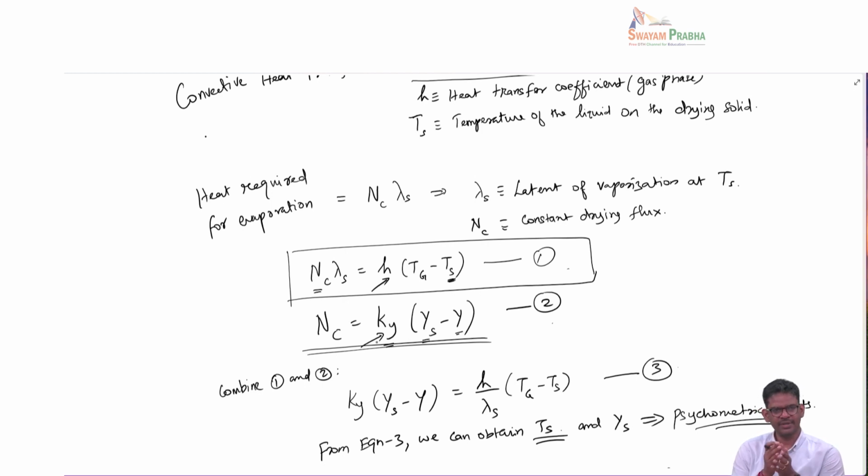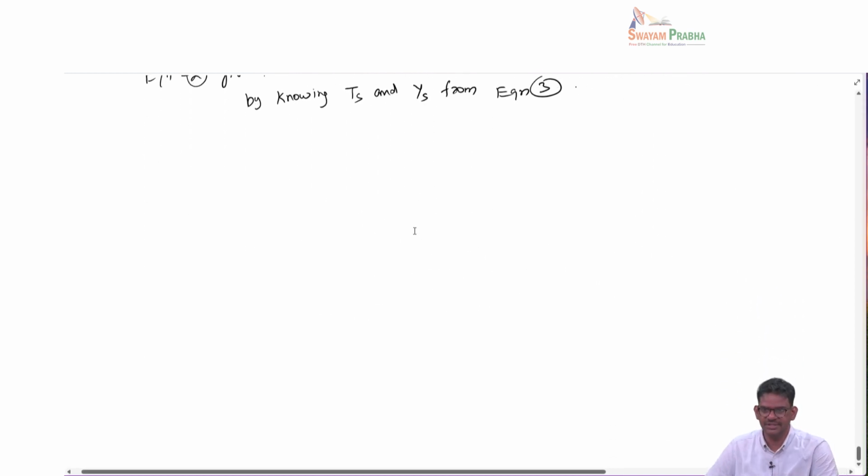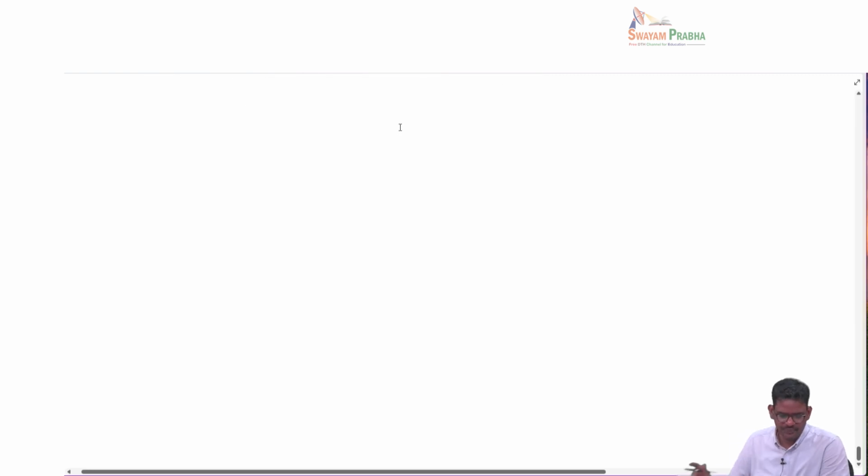Now I am going to look at some empirical correlations for the heat transfer coefficient as well as the mass transfer coefficient, and then predict how Nc will change if I change the drying conditions. When we do that, we also have to specify the drying conditions. For example, let us take case 1, where the drying is by flow of air parallel to a flat surface.